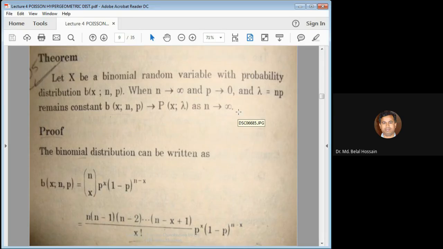Okay, tends to infinity. So we can prove this theorem if you consider the binomial probability function nCx p to the power x (1 minus p) to the power n minus x.